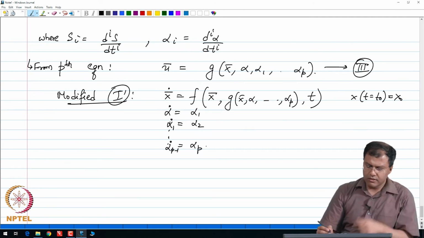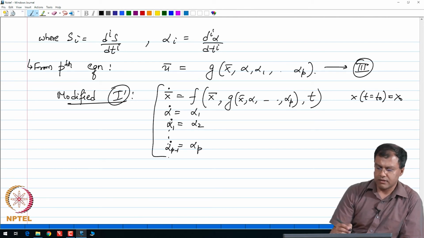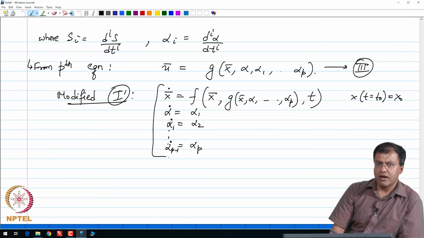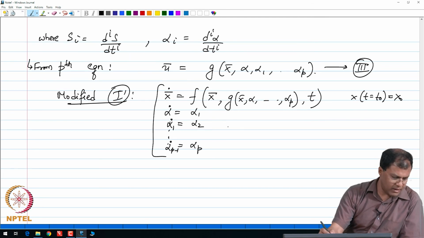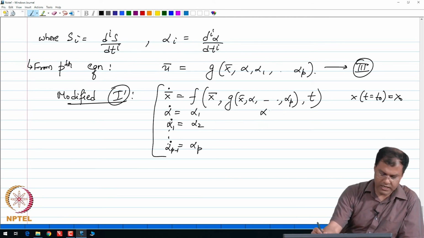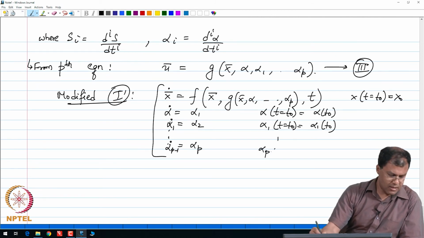These are my notations, and these are my new set of plant conditions, where now I have introduced certain new variables, alpha 1, alpha 2 to alpha p minus 1, with the following initial conditions: alpha at t equal to t 0 is alpha t 0, and alpha 1 at t equal to t 0 is alpha 1 at t 0, and so on, alpha p minus 1 at t equal to t 0 is alpha p minus 1 at t 0, right.